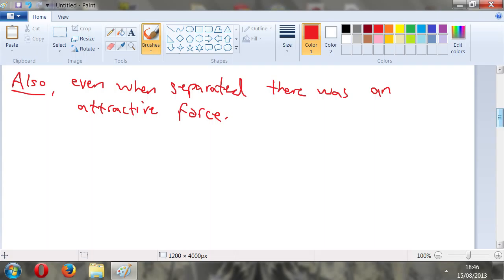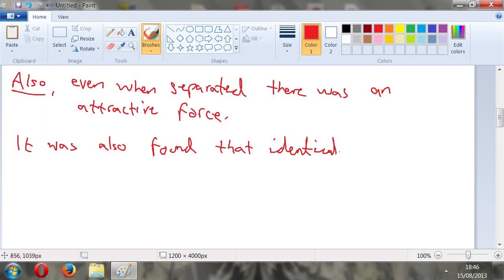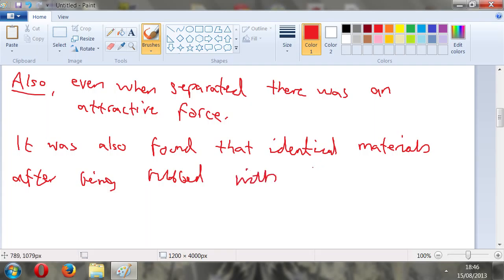However, it was also found that identical materials, after being rubbed with their respective cloths, actually repelled each other.